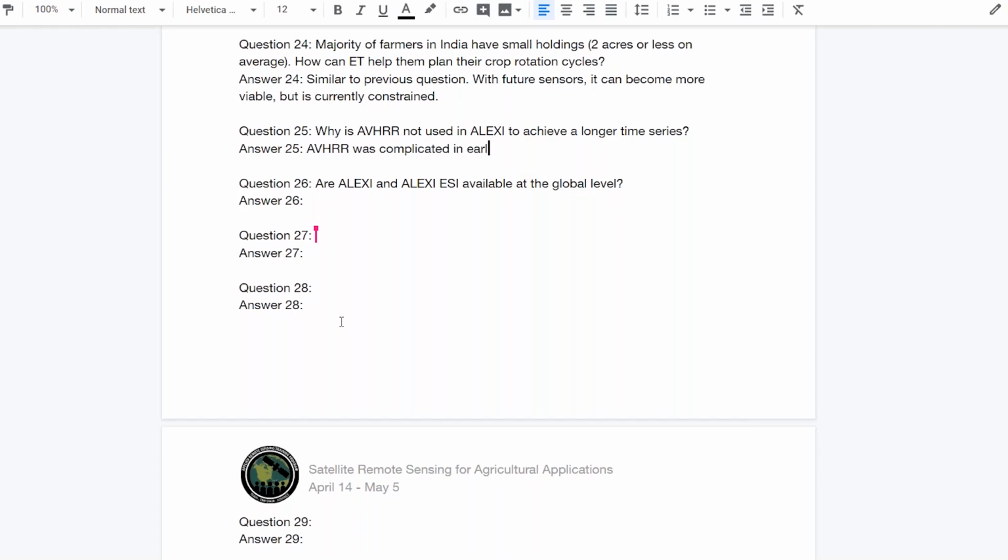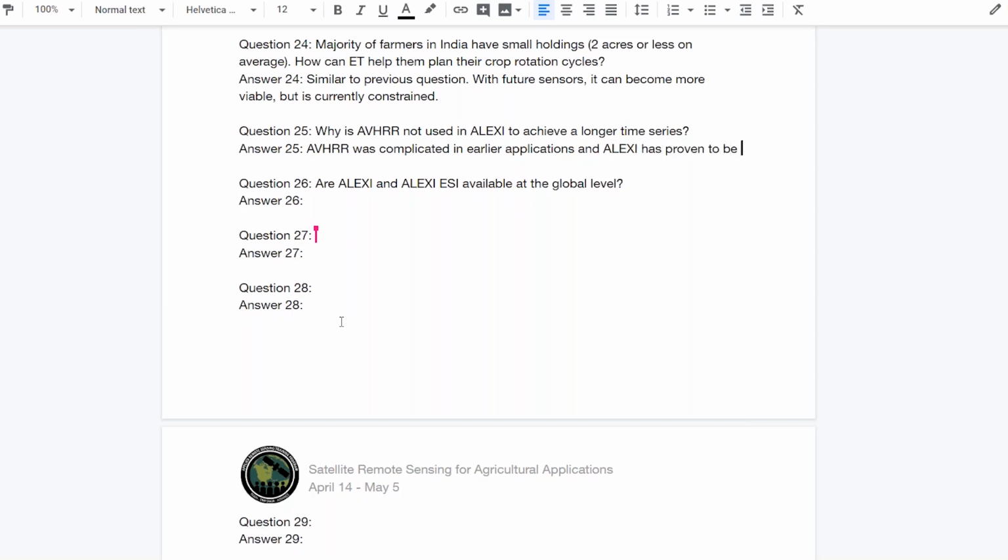That requires a more complicated technique than what we've applied for MODIS or VIIRS. But it's definitely an area that we are actively working on. It's not that we don't plan to do it, we're just not there yet.